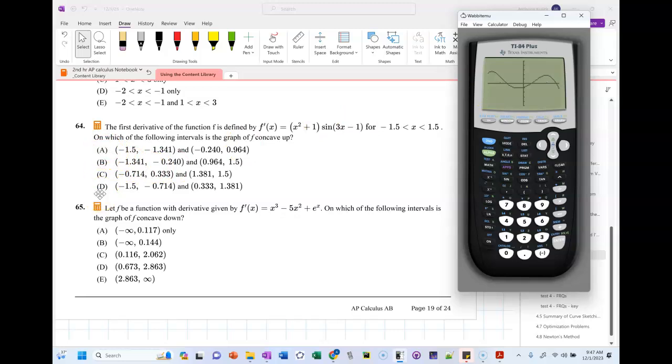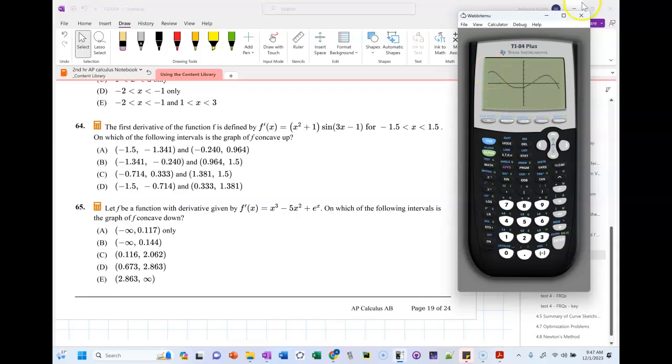I can just tell from looking at the picture, and I actually have to find that point. Now, this spot right here, is that going to be negative 1.3 and change or negative 0.7 and change? It's going to be negative 1.3, right? Because that tick mark is negative 1.